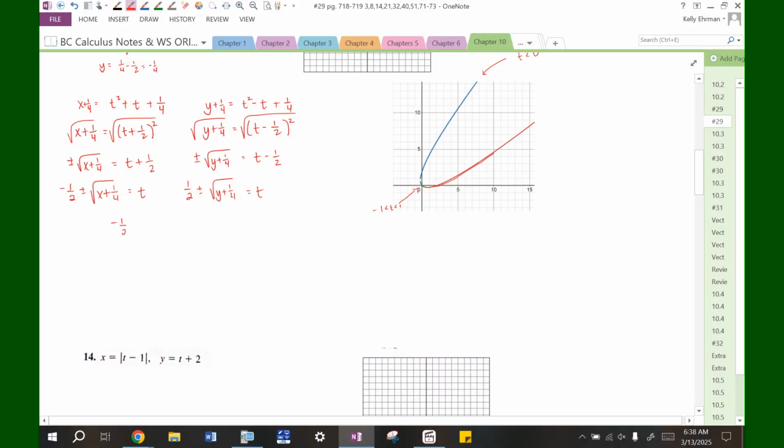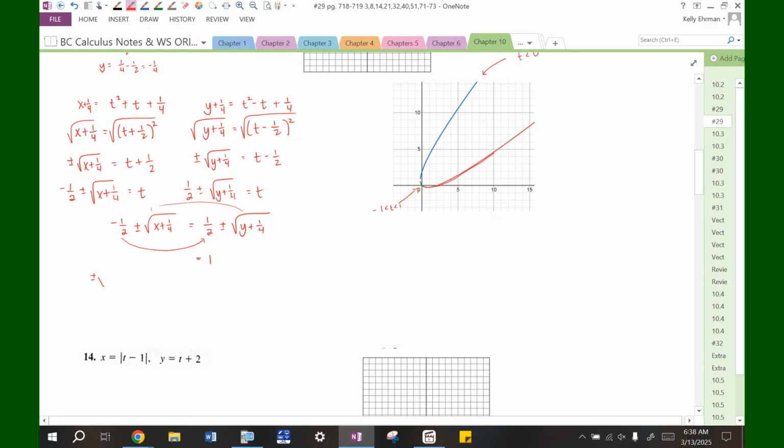Those two equations can get set equal to each other. So negative 1/2 plus or minus the square root of x plus 1/4 can equal positive 1/2 plus or minus the square root of y plus 1/4. I can get the 1/2s on the same side. If I add 1/2 over here, I get 1. And this is plus or minus, so whether I add or subtract it, I can move it over to this side.